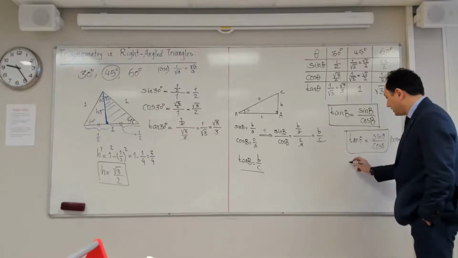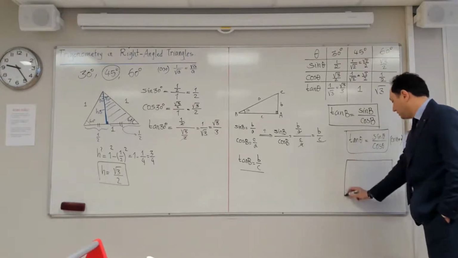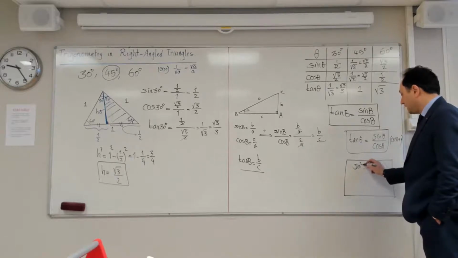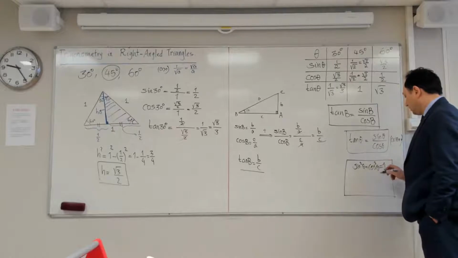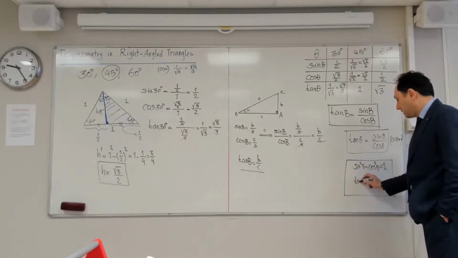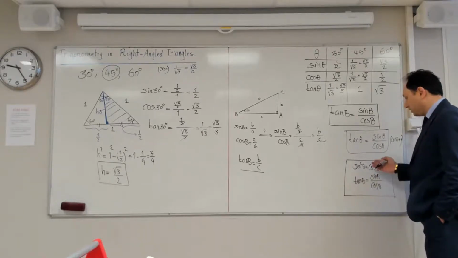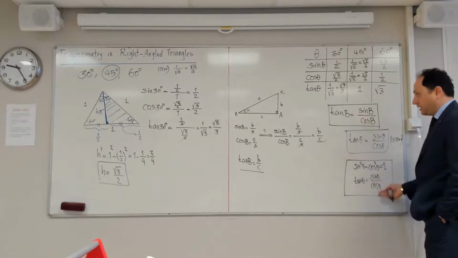So if I want to write the fundamental formulas of trigonometry, I would write them like this. I would write sine squared of theta plus cosine squared of theta. I really want you to memorize it. Equals 1. And I want you to know that tangent of theta is equal to sine of theta divided by cosine of theta. It's extremely important. You see, there are only 2 formulas. You appreciate it.